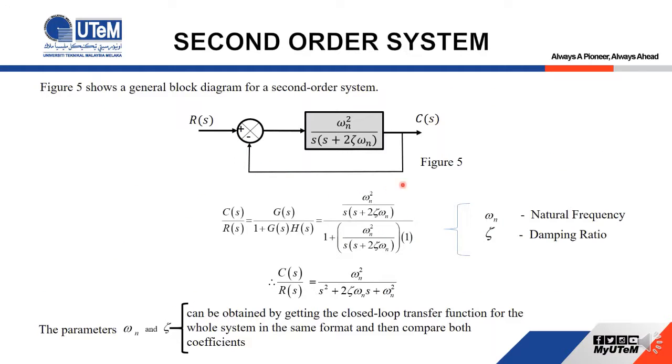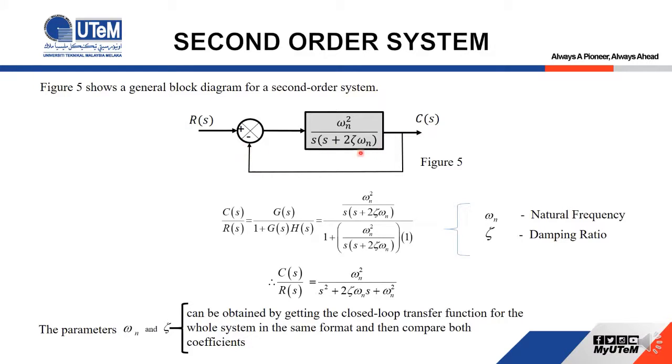Figure 5 here shows a general block diagram for a second order system. As you can see, this is G(s), which is equal to omega n squared divided by s times (s plus 2 zeta omega n), where omega n is the natural frequency and zeta is the damping ratio. This is a closed loop system with H(s) equal to 1, because we have negative unity feedback.